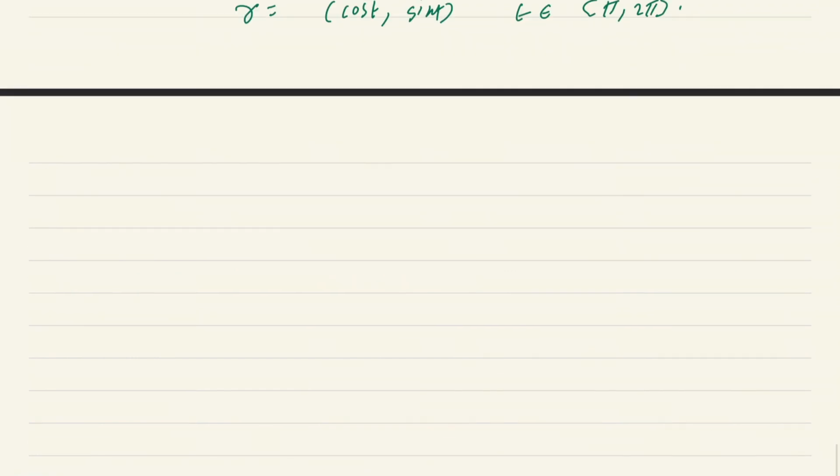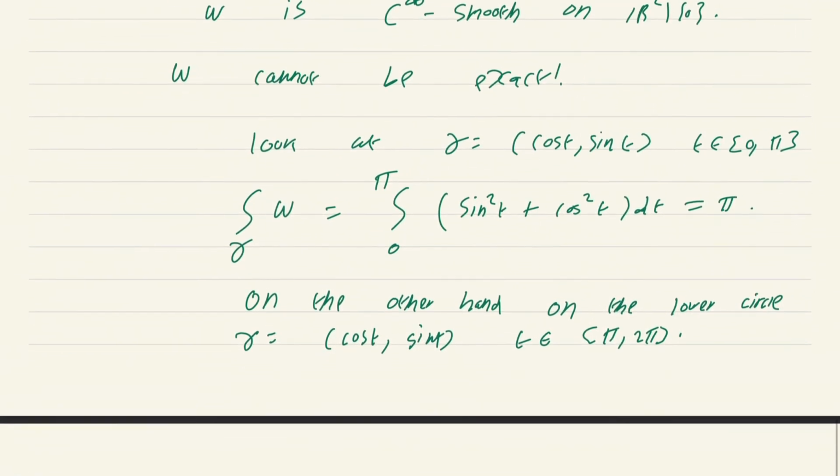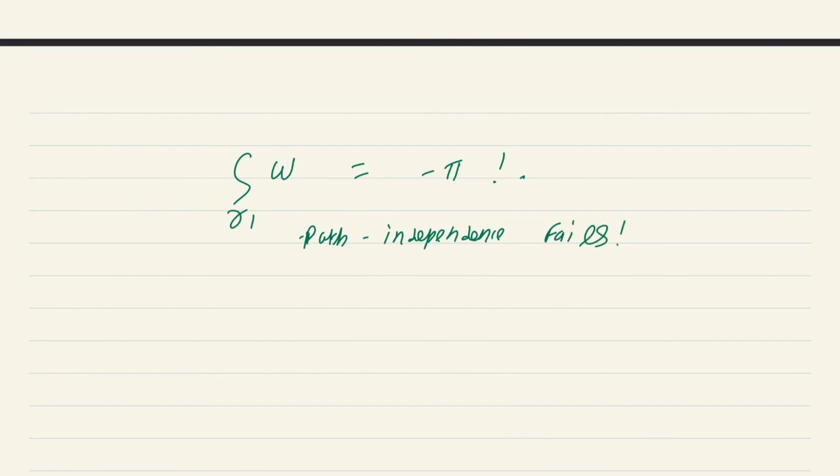Let's call this gamma 1 for clarity of notation. You can check that the integral over gamma 1 of omega is minus pi. So path independence fails. So omega cannot be exact.